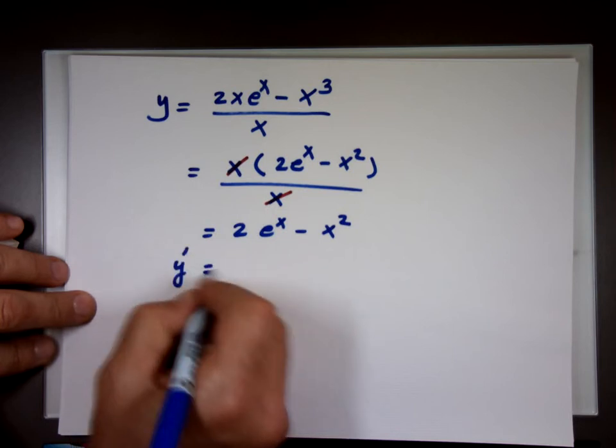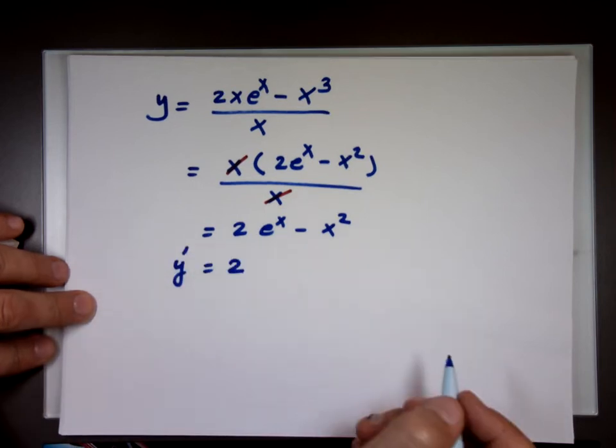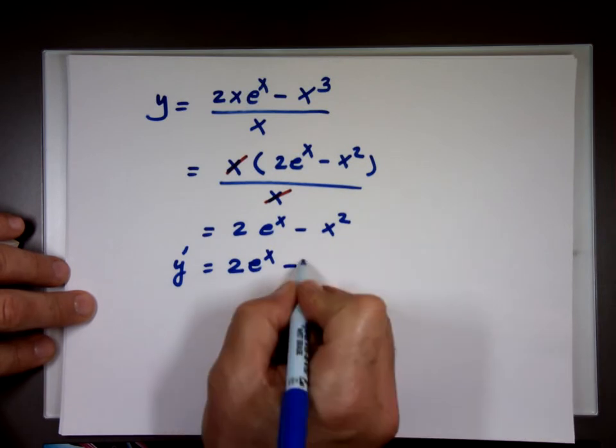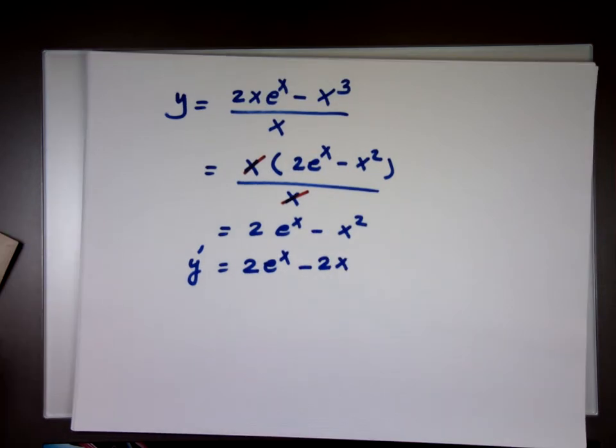There's the 2. What's the derivative of e to the x? e to the x minus, what's the derivative of x squared? The other way I can guarantee you will be a page and a half to 2 pages to do it if you did the quotient with the product rule.